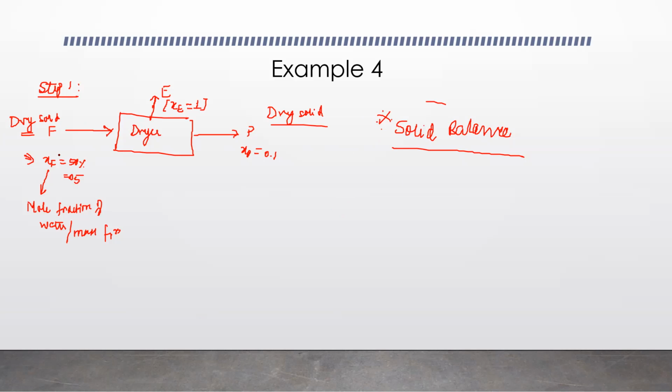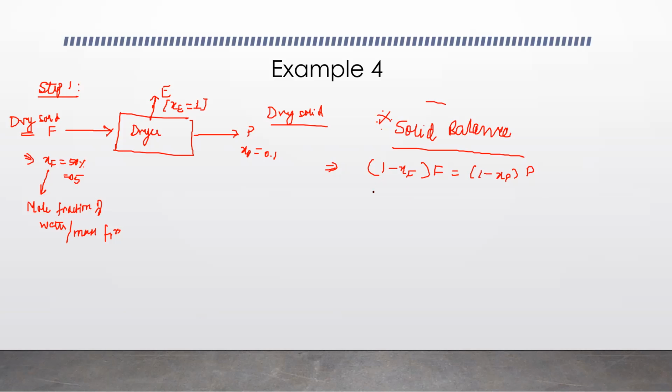So what is solid over here? 1 minus xF, that is 0.5. Input solid is equal to output solid. Correct? There is no solid in the lost water stream. So this is going to be the only equation.